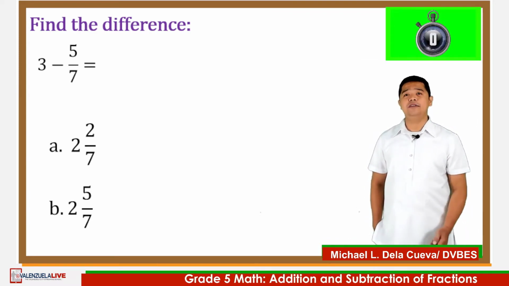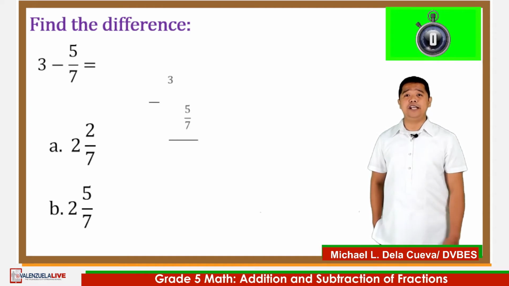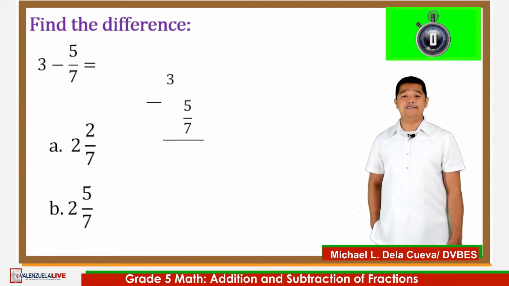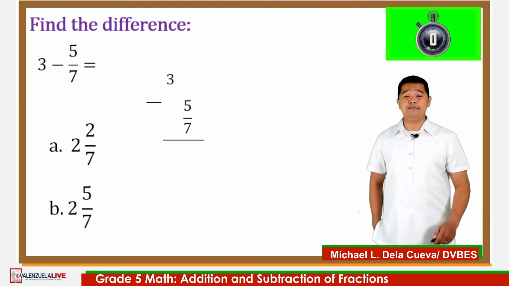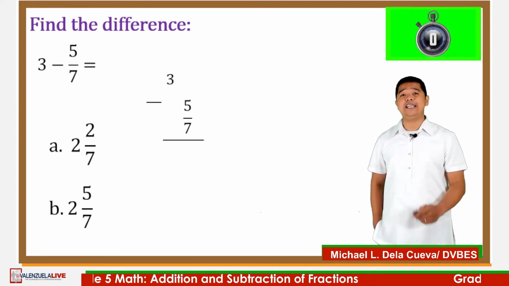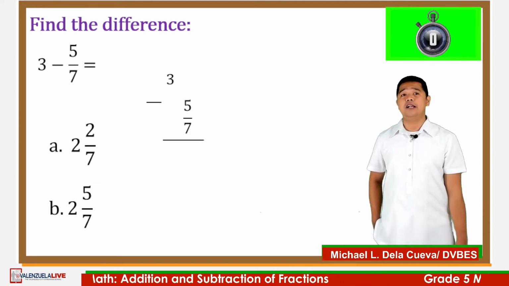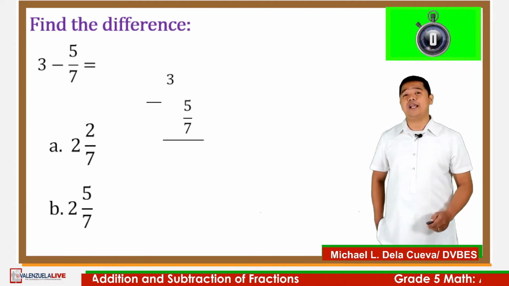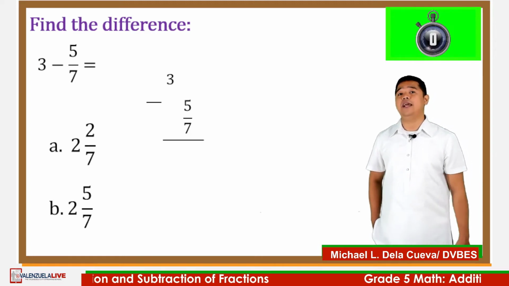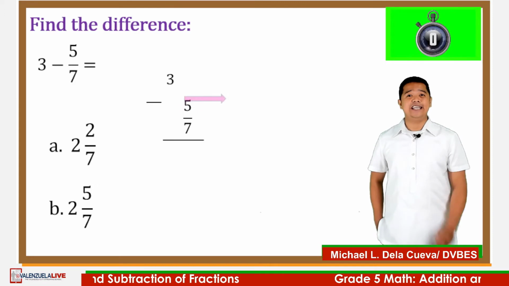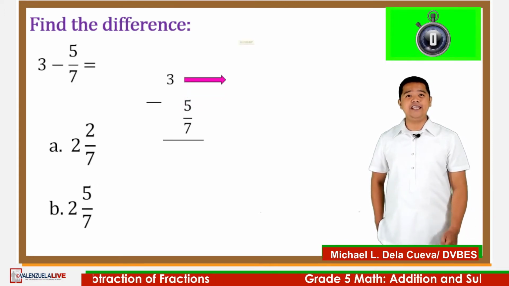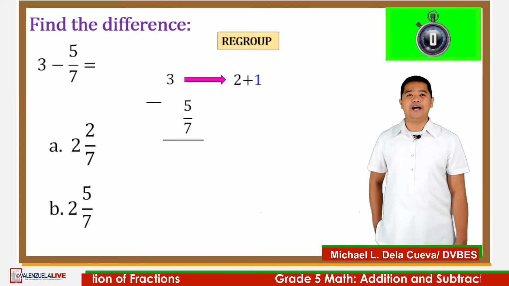So now, let us arrange this into vertical form. 3 minus 5/7, because we cannot directly subtract the subtrahend from our minuend. So first, let us regroup 3 to 2 plus 1.